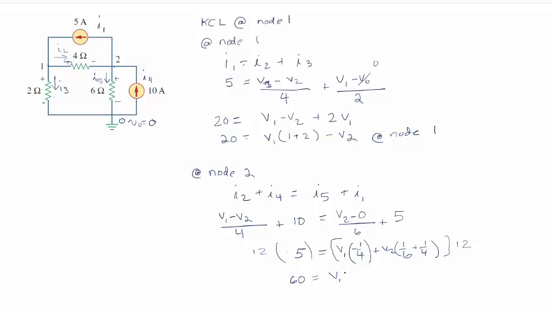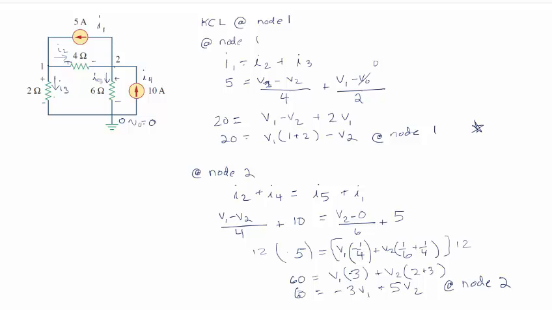So that one's V1 times 3, negative 3, plus V2, 2 plus 3. So I have 60 equals minus 3 V1 plus 5 V2. So this is at node 2.